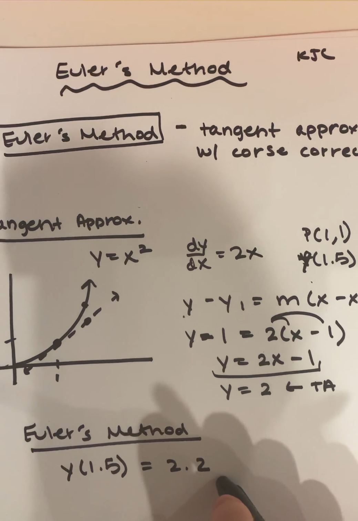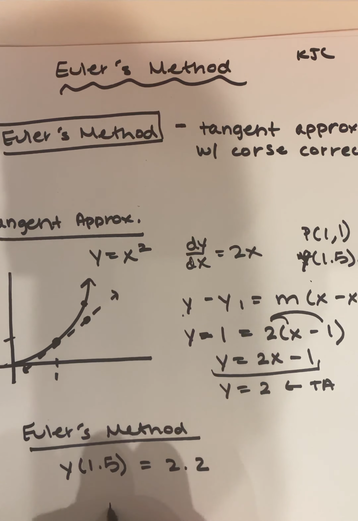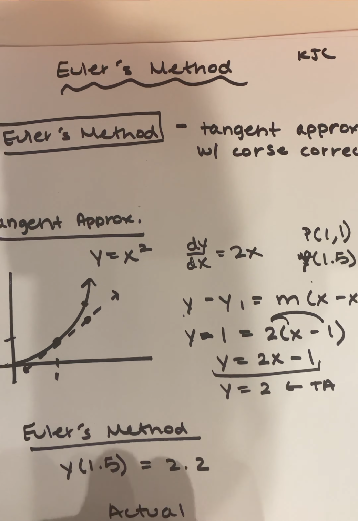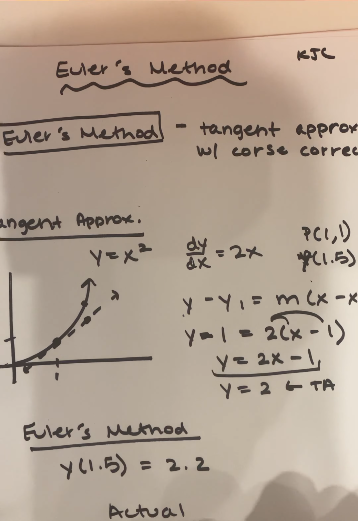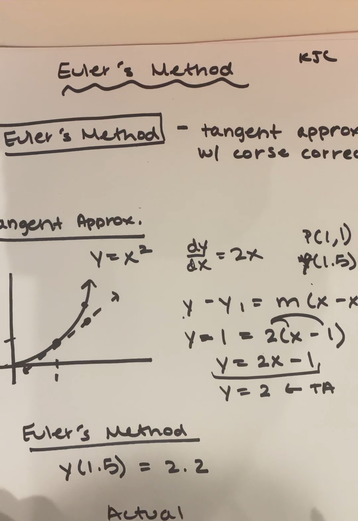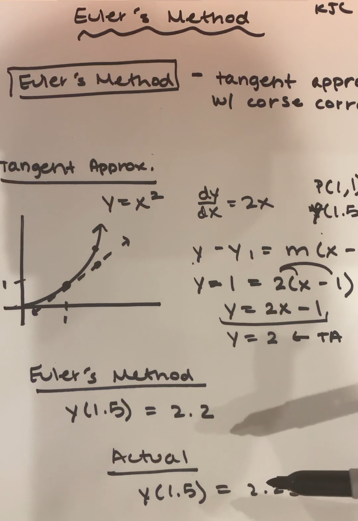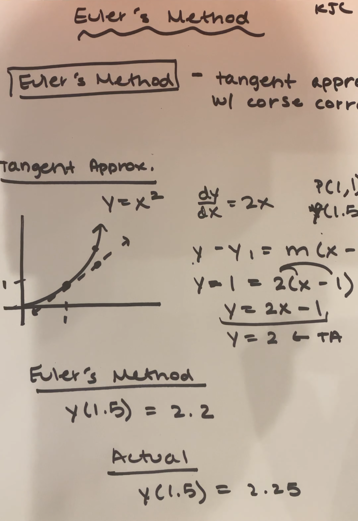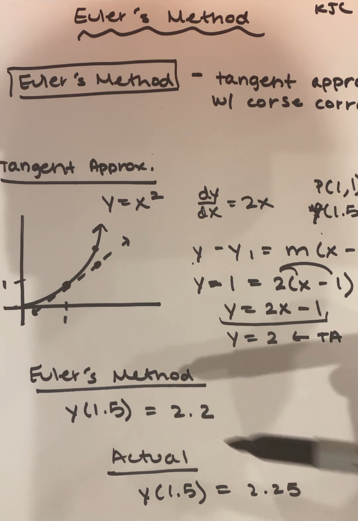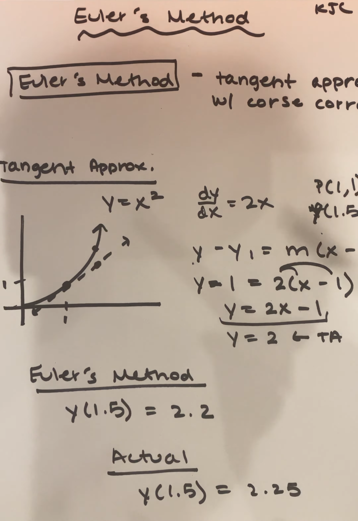You get 2.2, and the actual value at 1.5 is 2.25. So you can see Euler's method is much closer than the tangent line approximation that we just got a moment ago. You can see how this is much closer to this than this is to this.